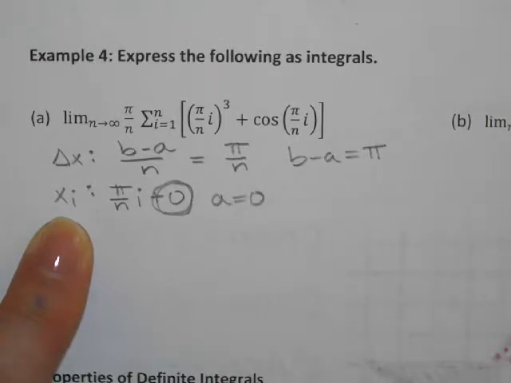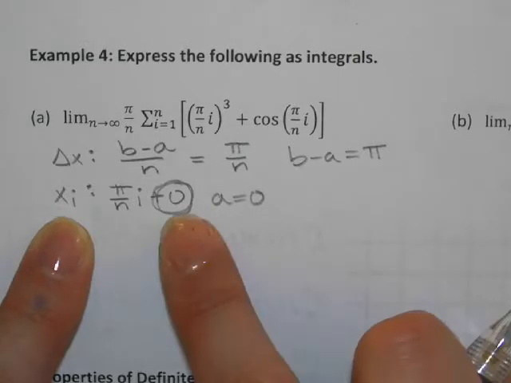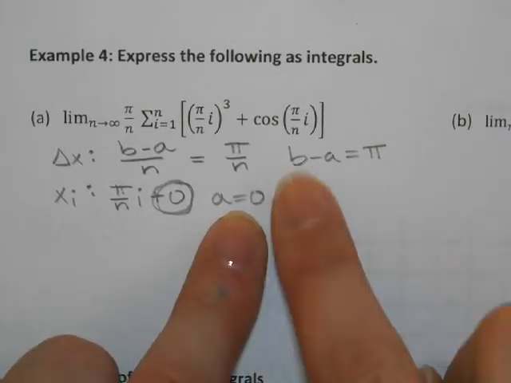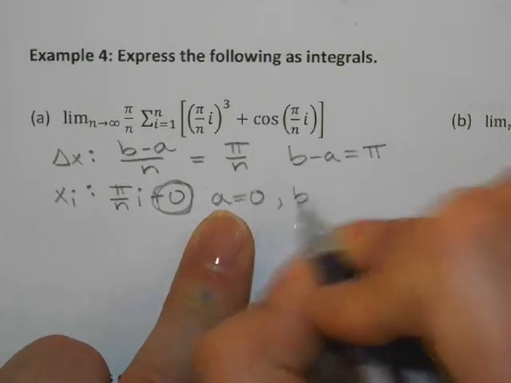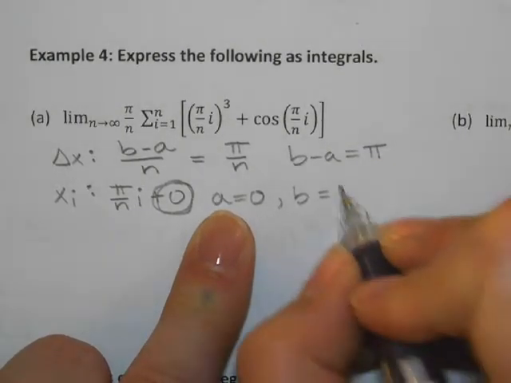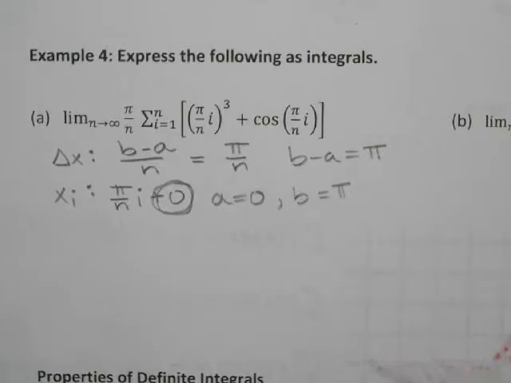Then our b would be based off of that. Our lower bound was 0, so b minus 0 equals pi, and so b has to equal pi. So it was your first guess, but we had to look at two pieces of information to make sure.